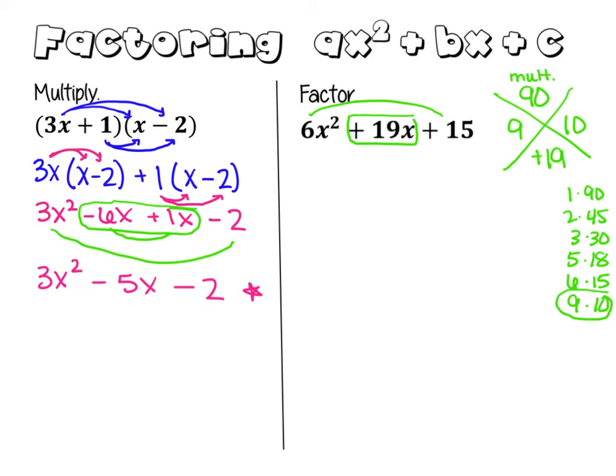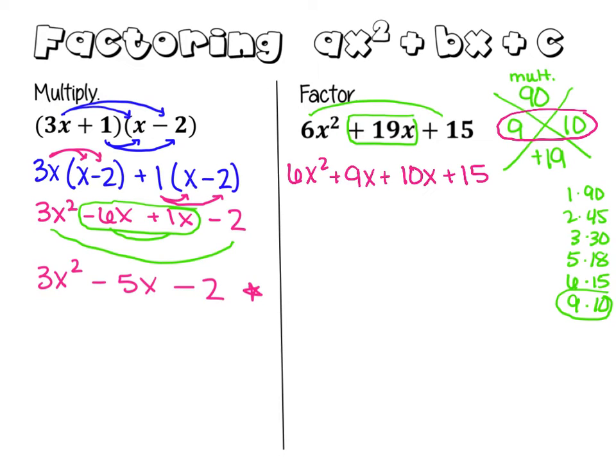So then I can rewrite my equation in 4 pieces. So if I do that, that means I would have 6x squared plus, and now the order I write 9 and 10 in doesn't matter, so plus 9x plus 10x plus 15.